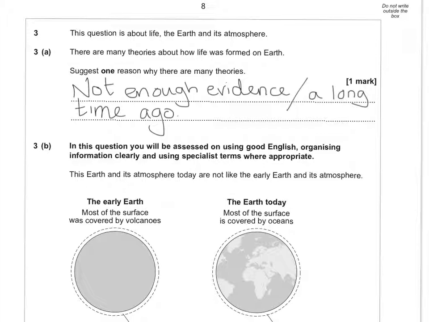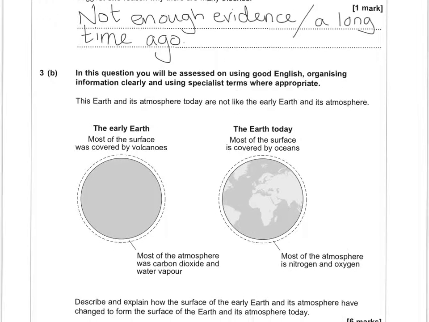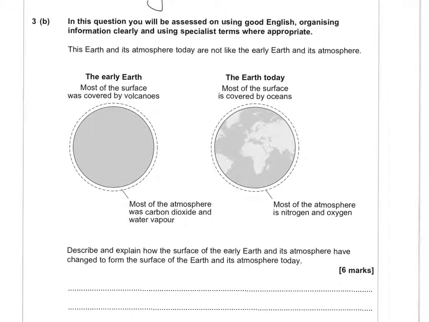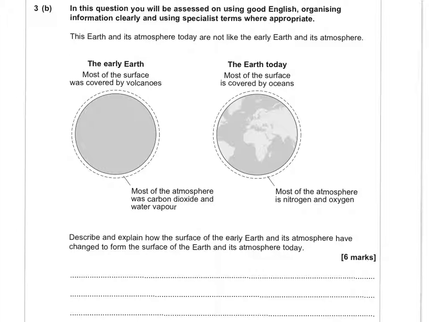Okay, and the next question is one of those that everybody hates. It's a 6 marker. So in the question you will be assessed on using good English, organising information clearly, using specialist terms where appropriate. The Earth and its atmosphere today are not like the early Earth and its atmosphere.